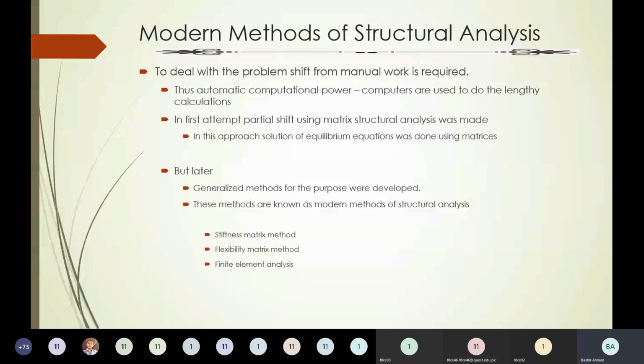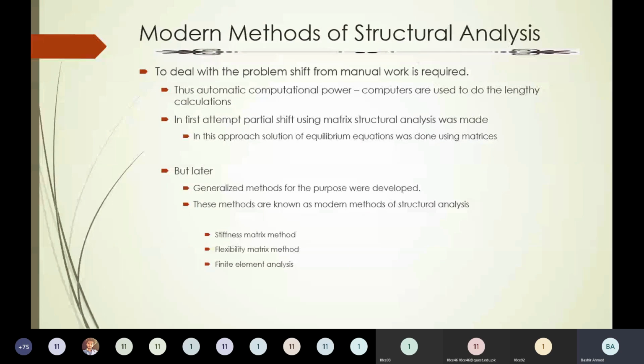We have studied matrix algebra in ninth class, matric, first year, inter, even in the engineering course. In earlier semesters, you must have gone through all the necessary details of matrices. The same matrices are used to solve these equations.